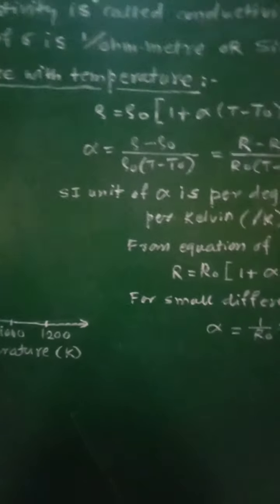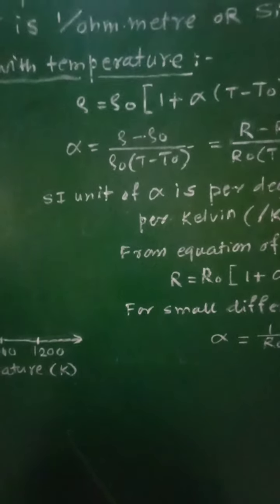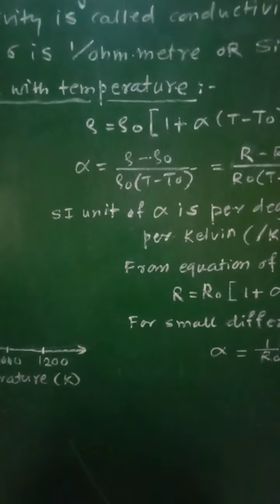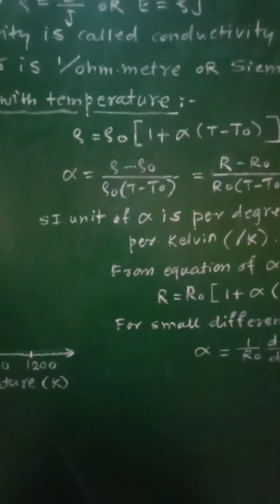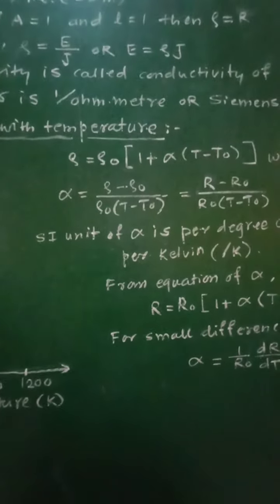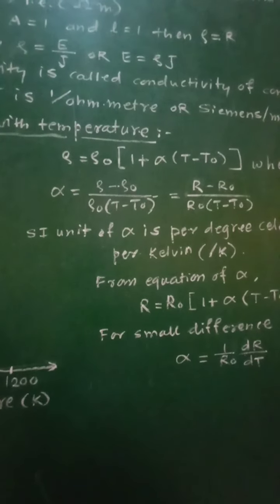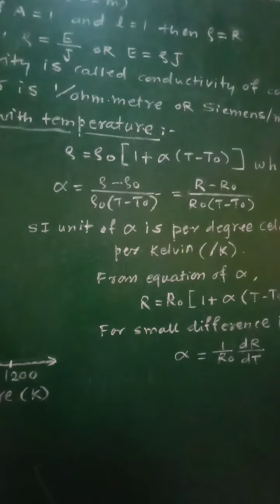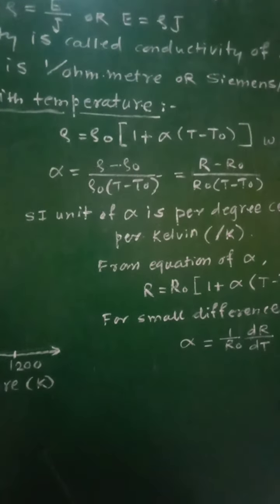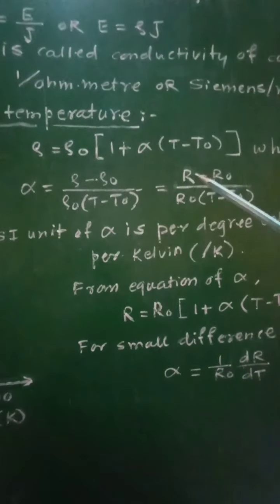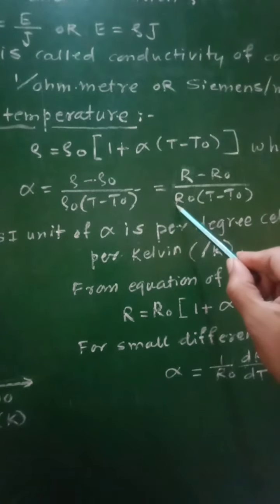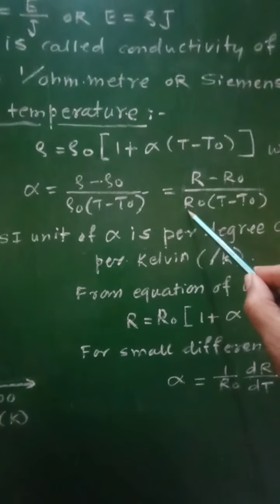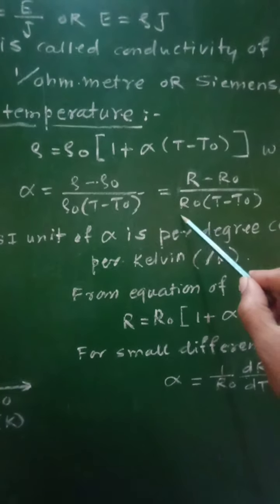If you consider this temperature coefficient of resistance, it is defined as the increase in resistance per unit original resistance per degree rise in temperature.